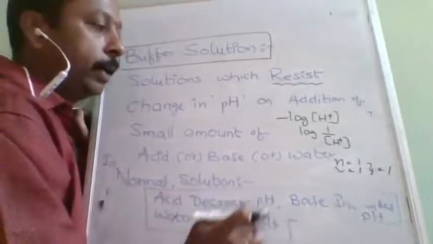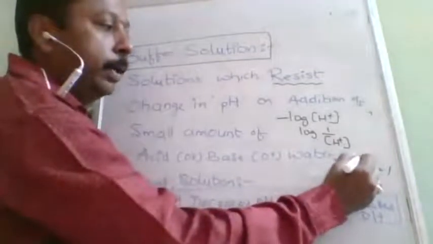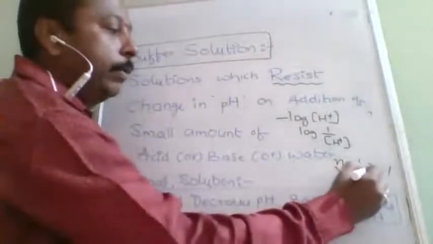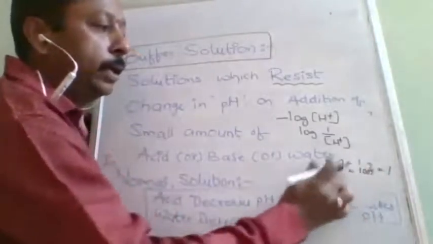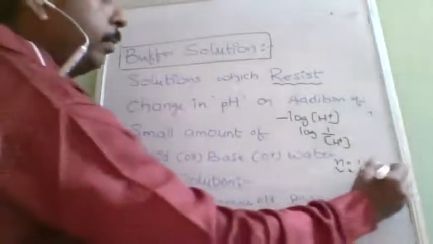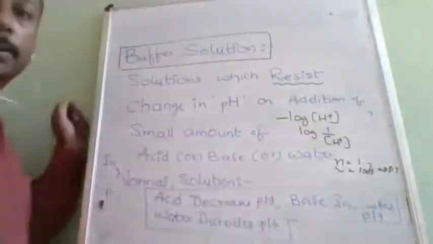Suppose I have added 99 liters to the solution. Then the numerator part of the molarity remains the same and the denominator now becomes 100, since 99 I have added plus the previous 1. So now the molarity will become 0.01.